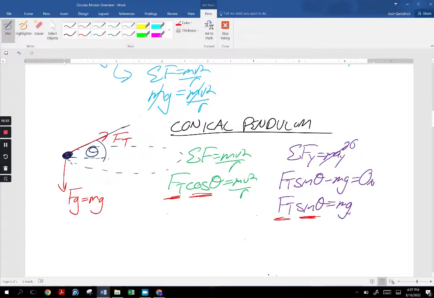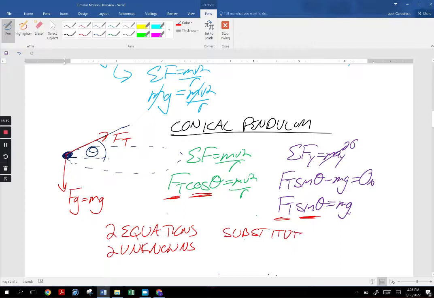In this case, you often have two equations, two unknowns, which means you're going to have to, by now, either substitute if you'd like, or isolate and set equal.